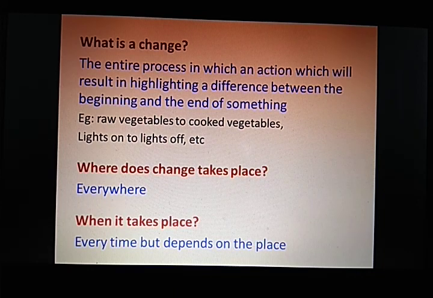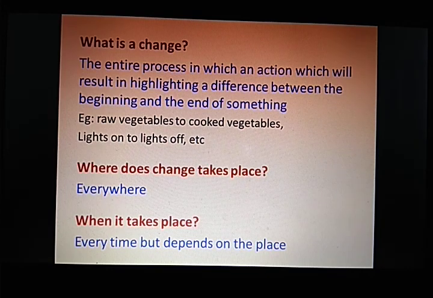Lights on to lights off. That means lights on and off has to be done. Some driving force is there to bring out this difference, to carry out this process. Some action or some driving force is there.